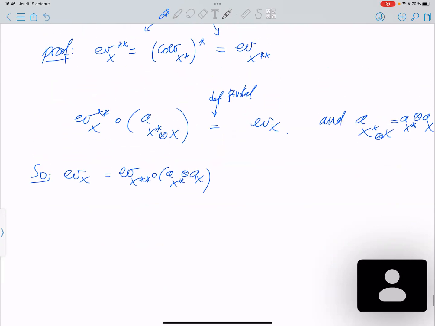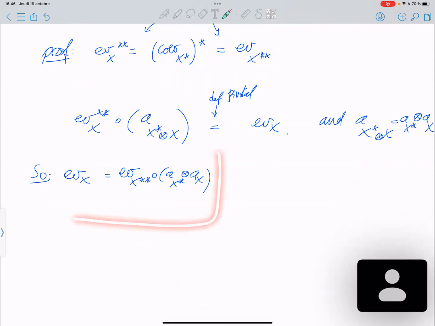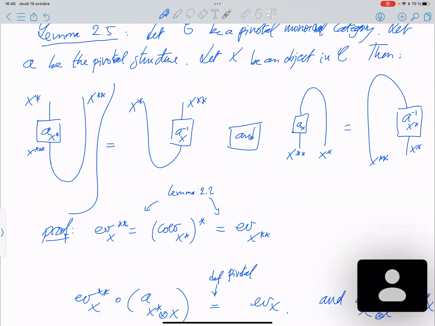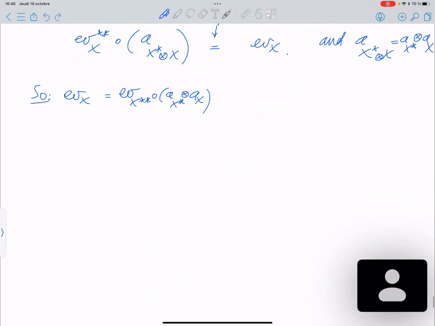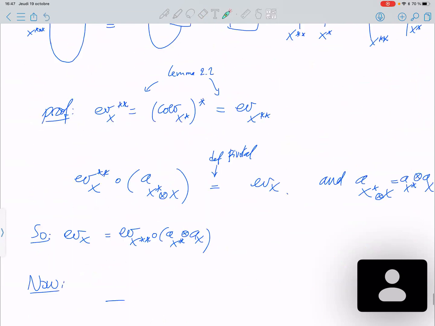So now we will apply this equality pictorially for our need. So we start from here, and we get that. It will be more convenient. So we start from that.